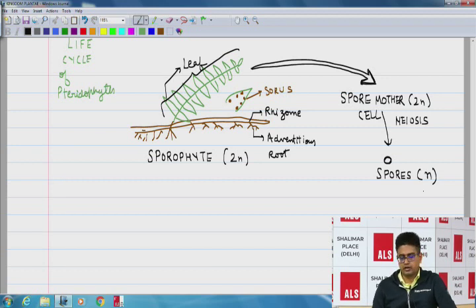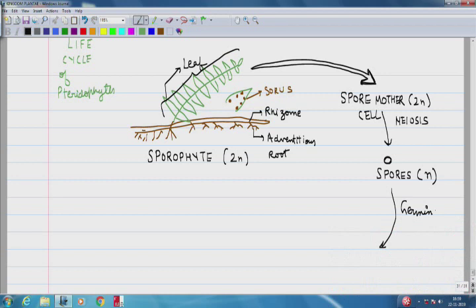So this is haploid. Spores germinate on moist soil.